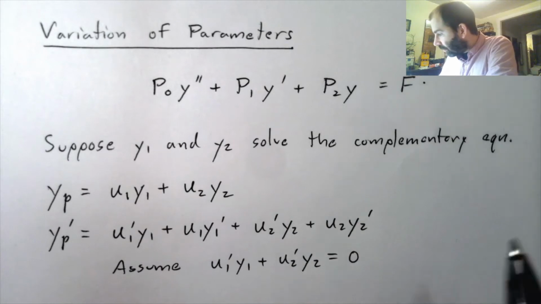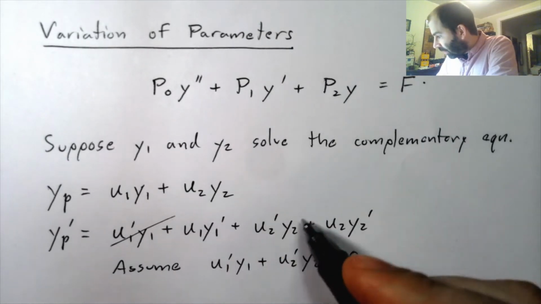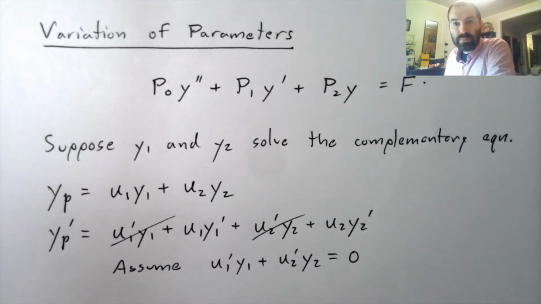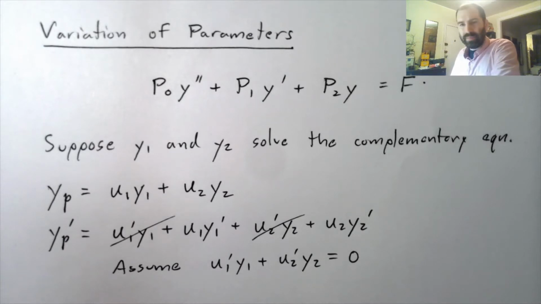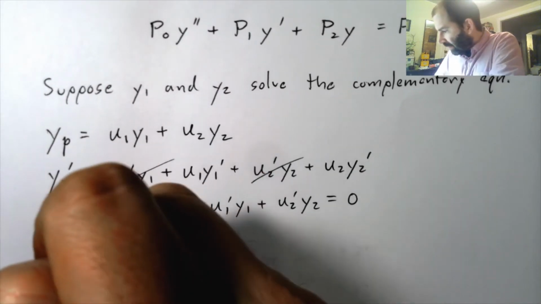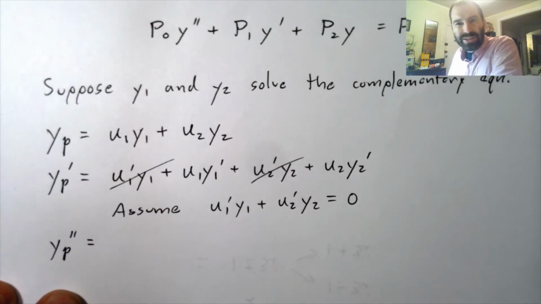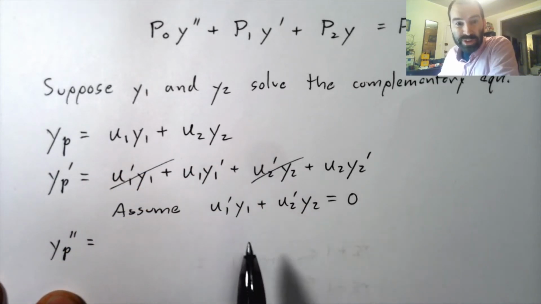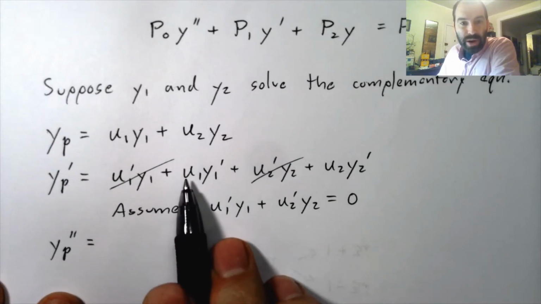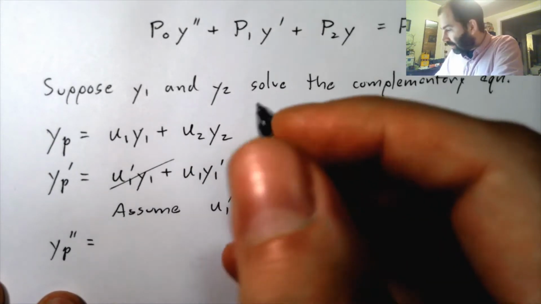So these two pieces, therefore, are gone. Let's see if we can get away with this. It's okay to try things like this. If we don't get away with it, then you try something else. You just go with general functions. But let's see if this works. Then when I do y double prime, I've only got these two pieces to worry about.